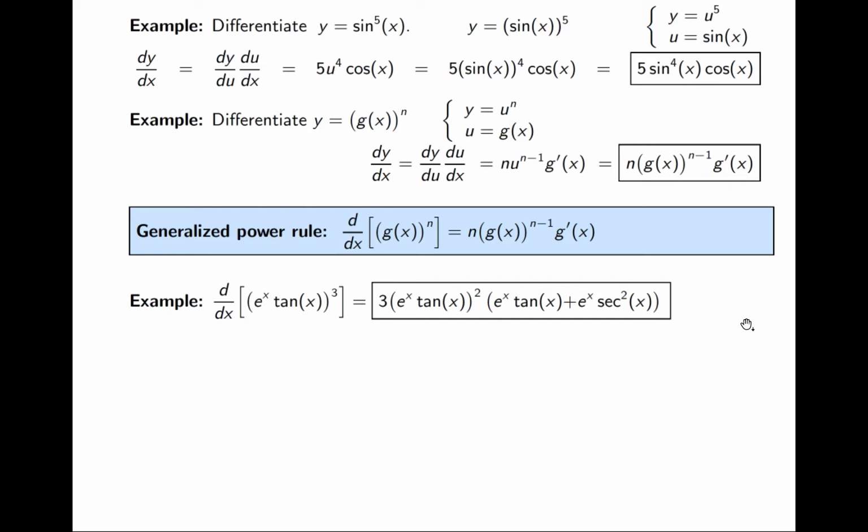And there's our derivative. We got it in one step using the generalized power rule. This is essentially a chain rule problem, but because we have the generalized power rule, which we got using the chain rule, it's almost as if we're not even using the chain rule here. It feels that way. We get it in just one step.